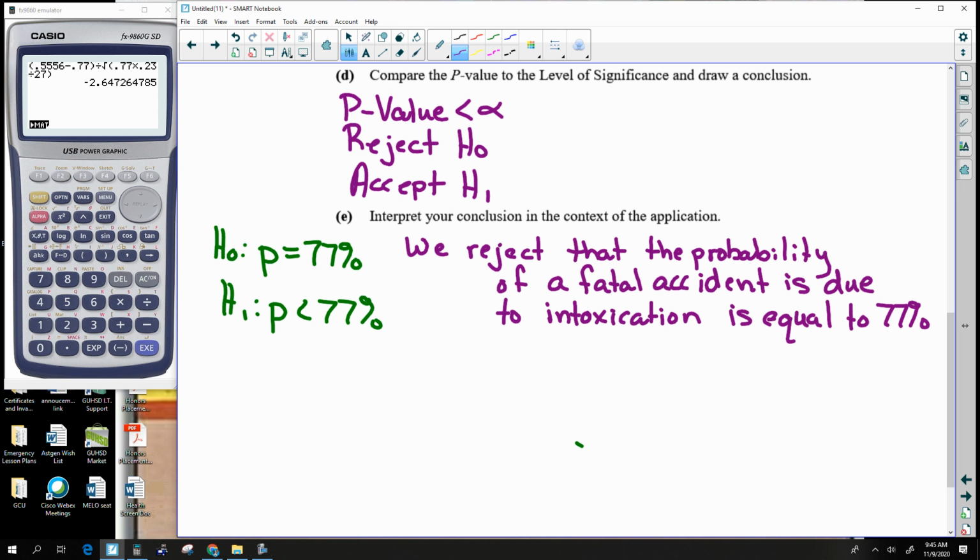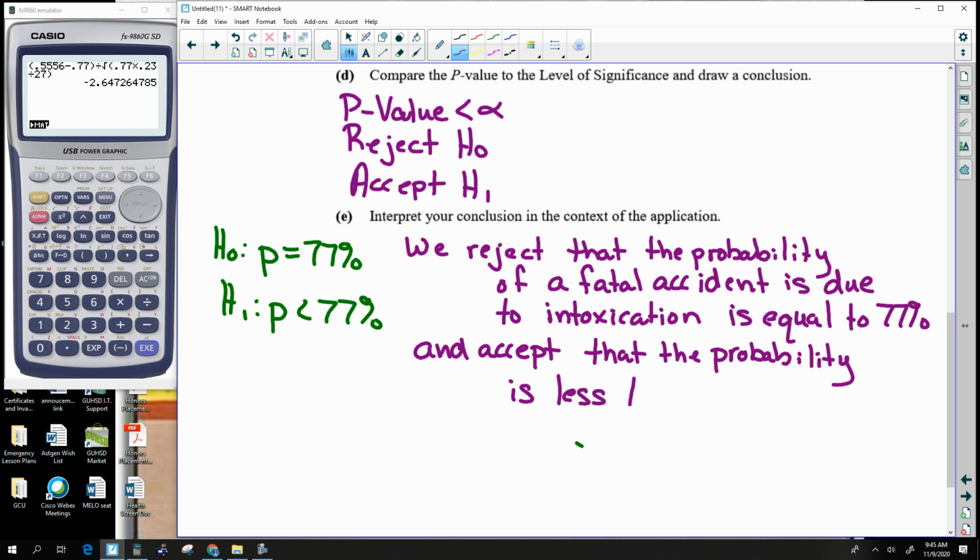So we reject that the probability is equal to 77% and accept that the probability is less than 77%.